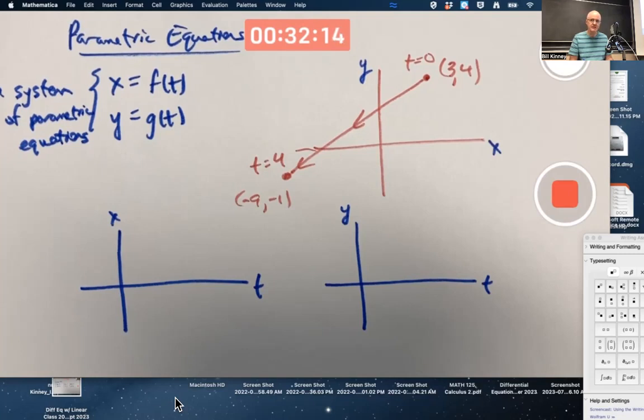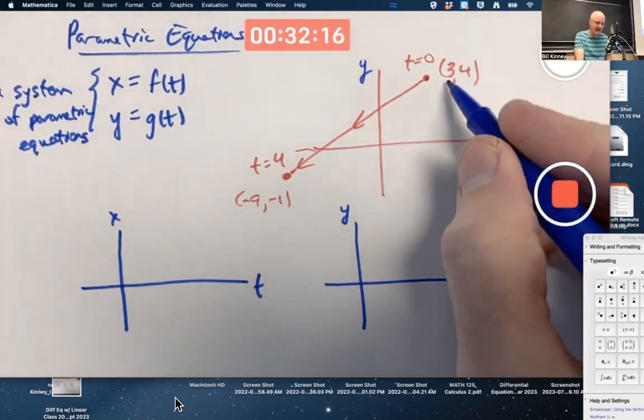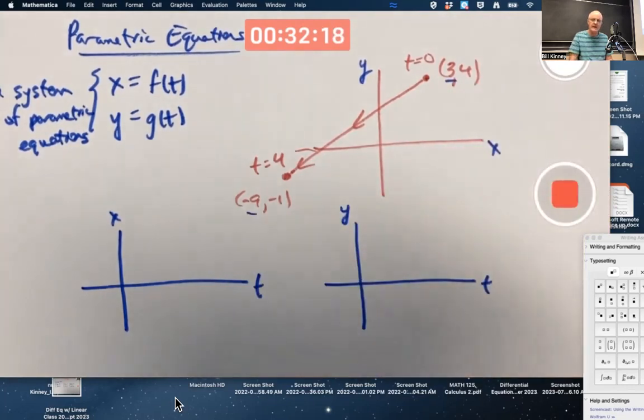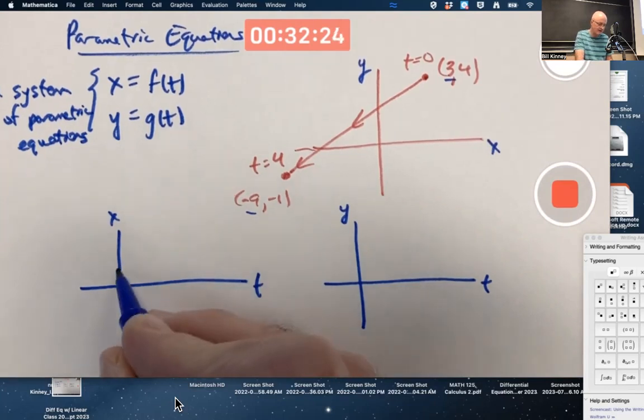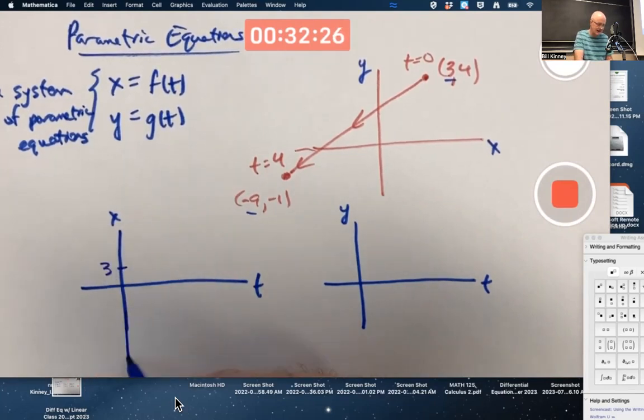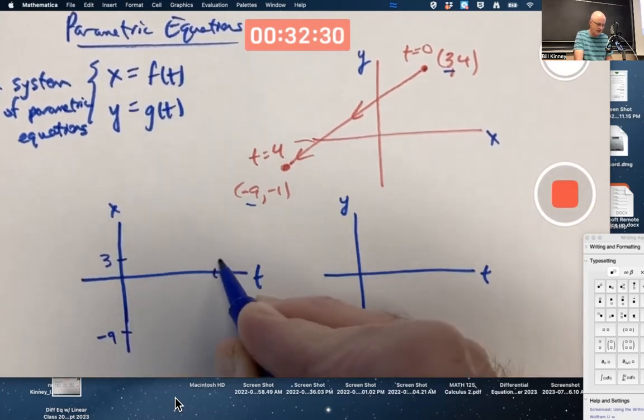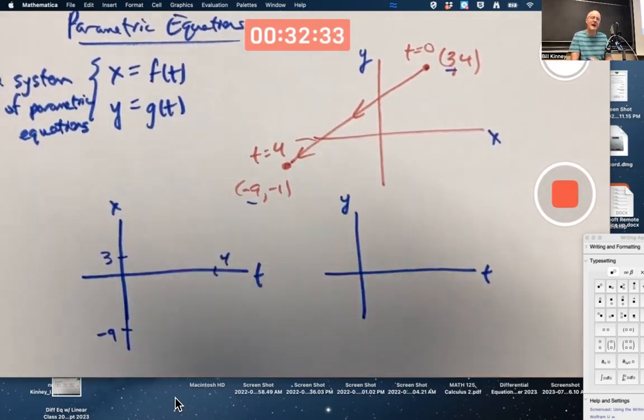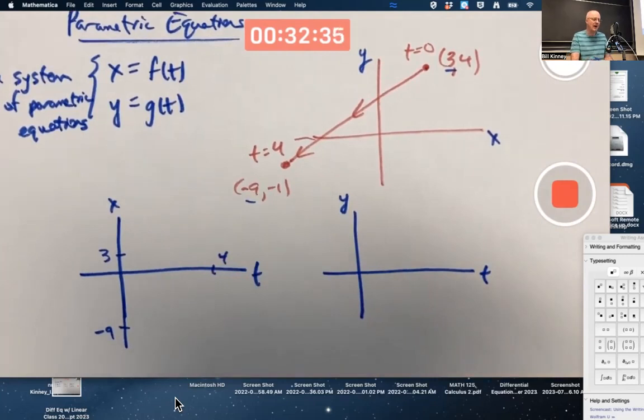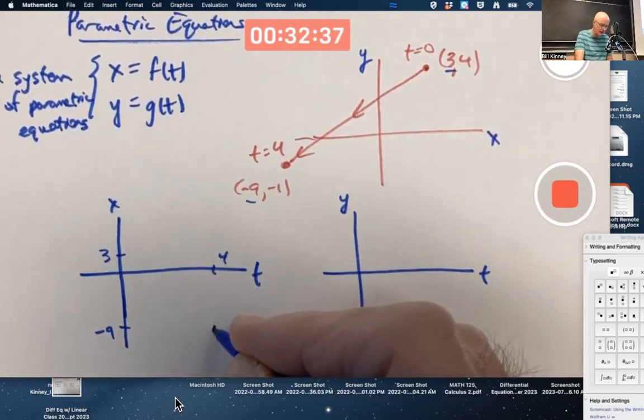Use the given conditions. Focus first on x. X goes from 3 down to -9 as t goes from 0 to 4. And if the bug is traveling at a constant speed, I hope it makes sense that you'd want to use a straight line here.